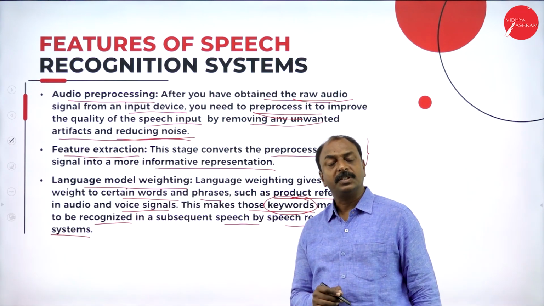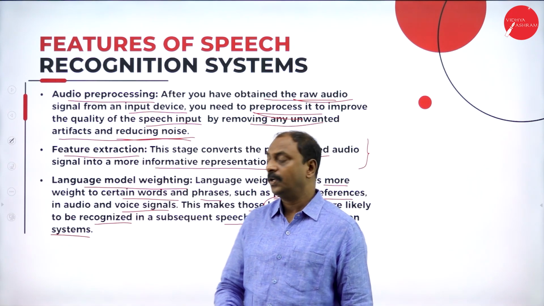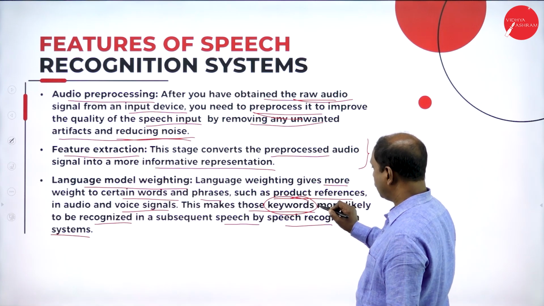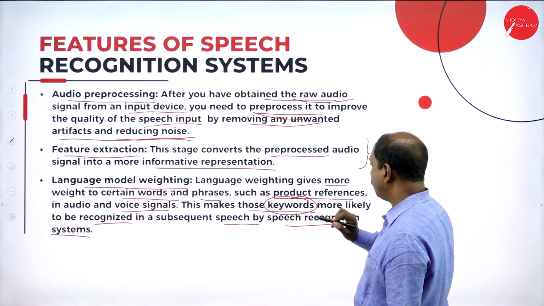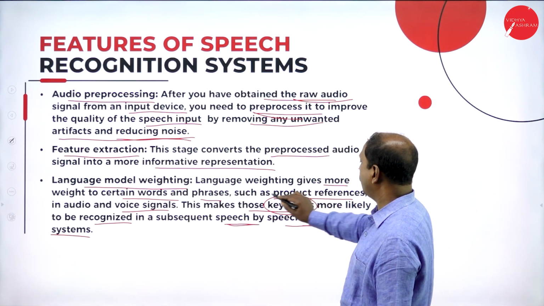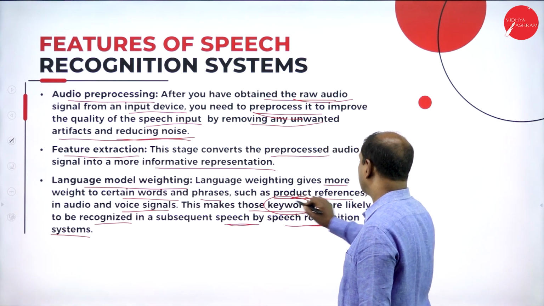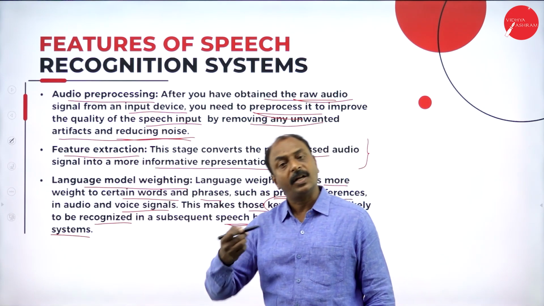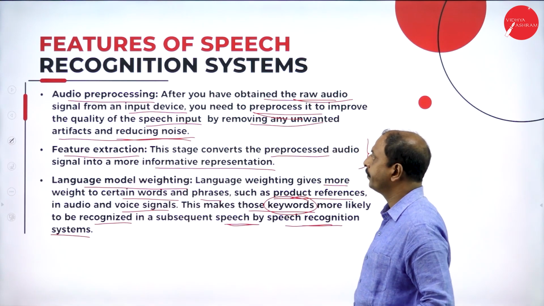Here it is possible to identify different frequently used keywords, which improves the system. It is possible to identify the subsequent speech in speech recognition with the help of these keywords. These keywords can be the name of a product or some other references. This is language model weighting.